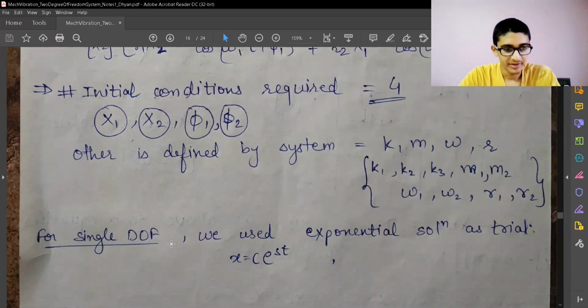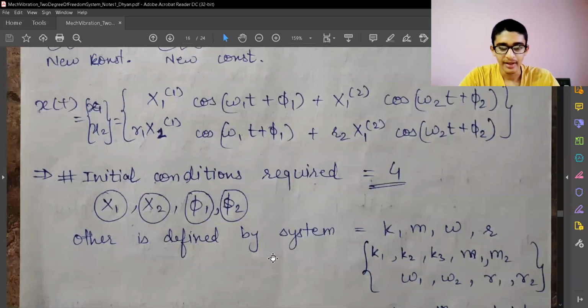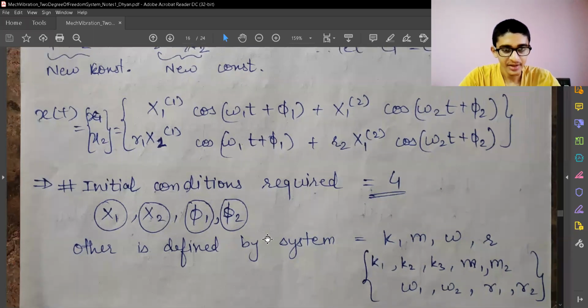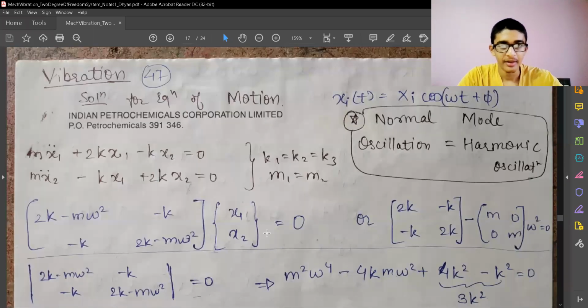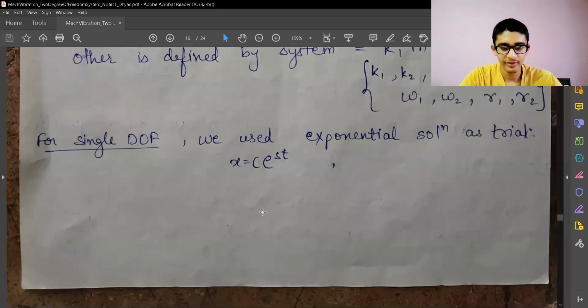Earlier, for the single degree of freedom system, we used to assume an exponential trial solution, that is x is equal to C into e raised to st, and then we used to figure out the different values of s, the different conditions of underdamped, overdamped, and critically damped, and then write the solution. But this is a new approach, and you must remember the procedure of solution. In the next video, we'll look at the numerical questions, so it's better for you to understand.